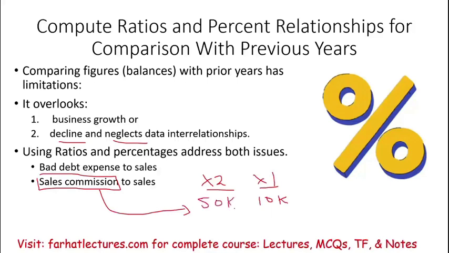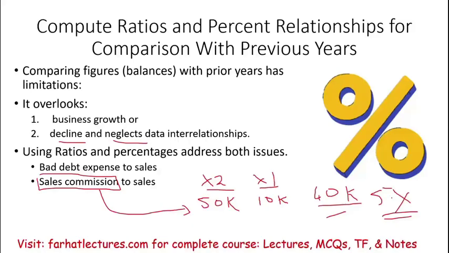Wow, hold on a second. That's a 40,000 increase. It's not only a 40,000 increase, it increases five-fold, a 500% increase. Wow, that's a major increase. In dollar amount, it may not be that much, or it could be that much. But in terms of percentage, that's a 500% increase, or 5 times.